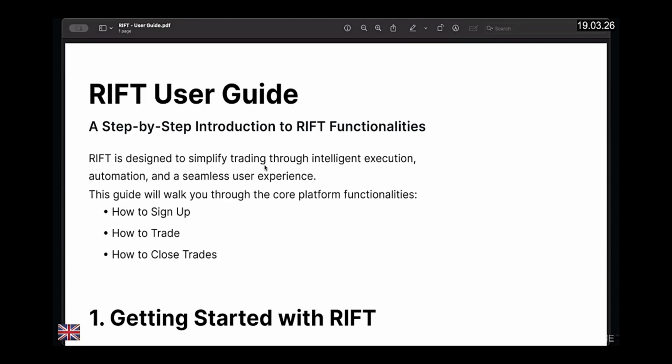Perfect. So Rift is designed to simplify trading through intelligent execution, automation, and seamless user experience. First of all, I would like to give you the reason why we chose the Telegram mini application, why we built TMA. This is something all of you should understand. The accessibility of Telegram: Telegram is accessible in Russia, in China, and I believe the whole world.